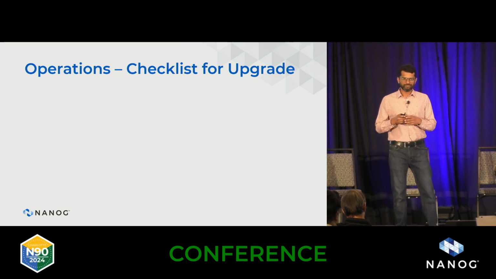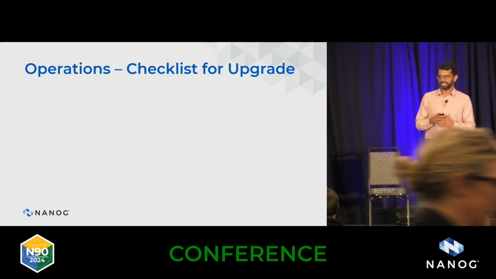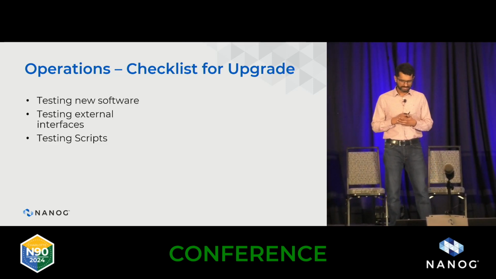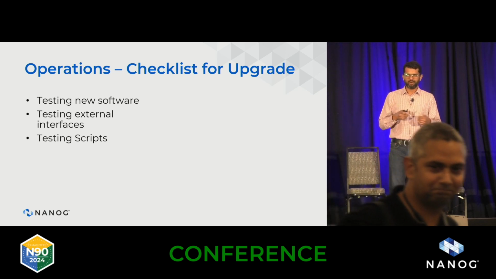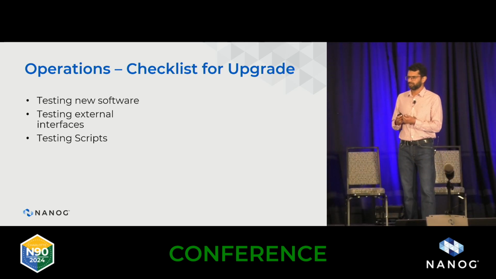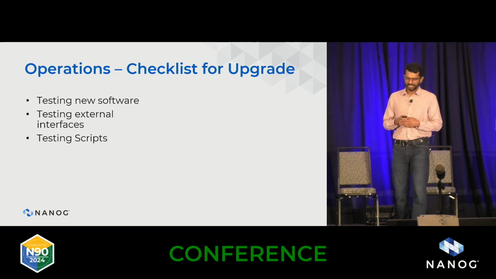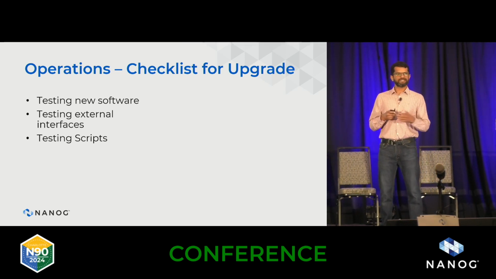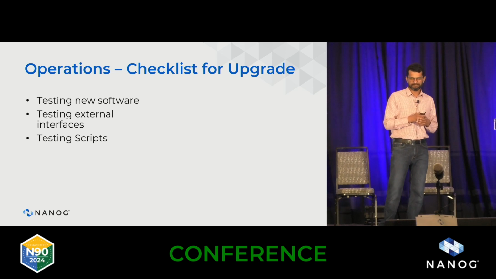So for sure, you're going from your existing release to a new release. So there is an unknown here, which is the new software release. So we need to test the new software release, make sure all the protocols and everything is working as expected, as it is today. So no differences there. And that includes testing the external interfaces, like TACACS or syslog interfaces, making sure the behavior is the same.